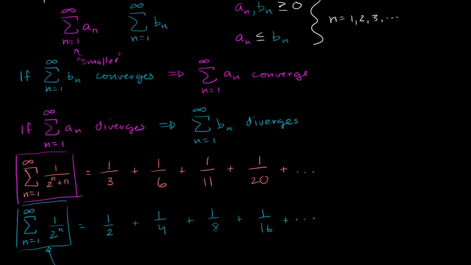Since we know that the larger series converges, as it's a geometric series where the absolute value of the common ratio is less than 1, therefore the smaller series, where every corresponding term is less than the one in the blue series, must also converge. So by the comparison test, the series in question must also converge.